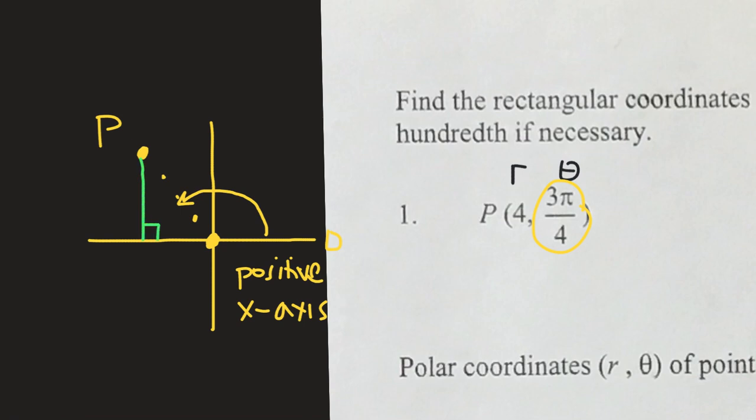We drop the vertical line, and that's going to be your y value, and our x value takes you back to the origin. So we're going to find these two lengths of basically a right triangle. The radius is 4, that's the hypotenuse, and we know our angle is 3 pi over 4.